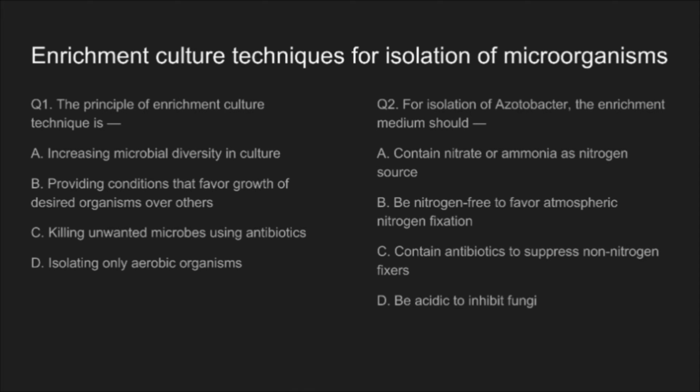B. Providing conditions that favor growth of desired organisms over others. C. Killing unwanted microbes using antibiotics. And D. Isolating only aerobic organism. So the correct answer for this question is option B. That is providing condition that favor growth of desired organism over others.